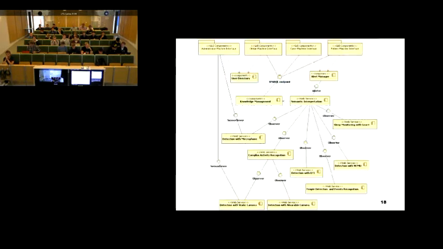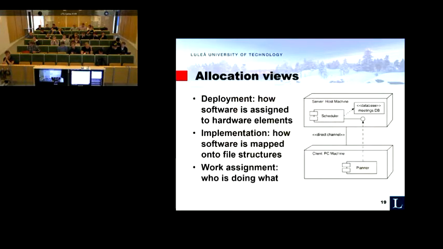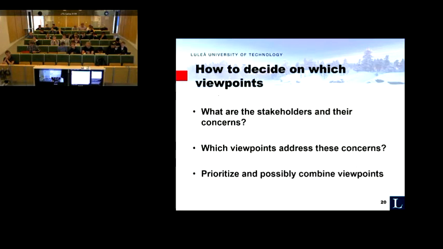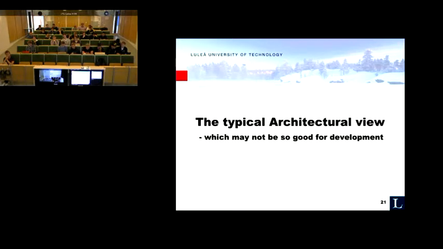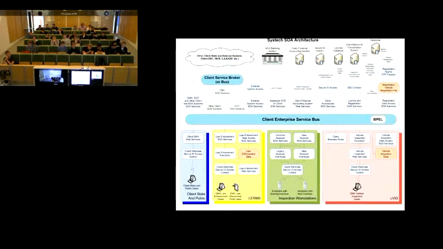That's the component connector diagram, which is terrible because it's wrong. I'll get back to this allocation view, where you allocate different entities. Okay, so that's a typical architectural view.